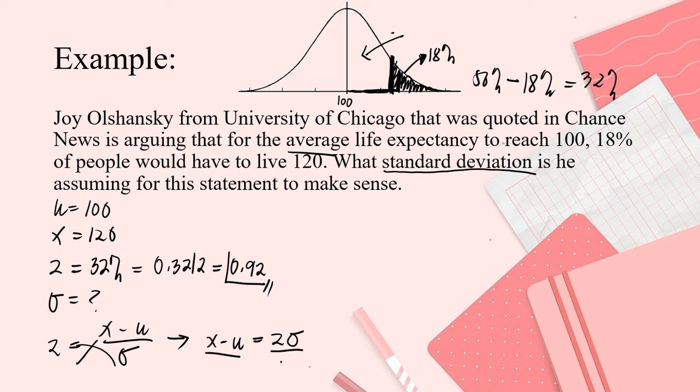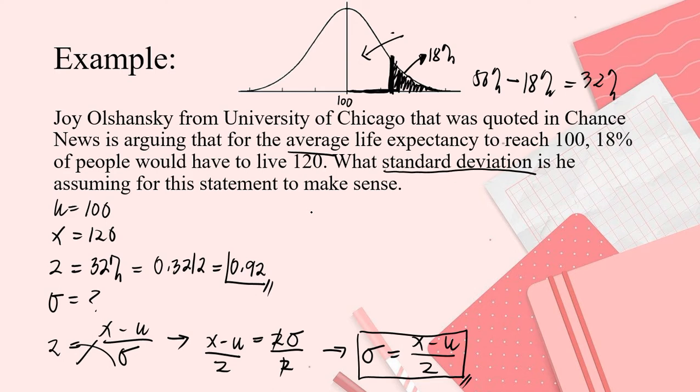So divide both sides by Z. So cancel. Formula for standard deviation will be X minus mean, diba? Divide by Z. So ito ngayon yung susundan na formula para makuha si standard deviation.